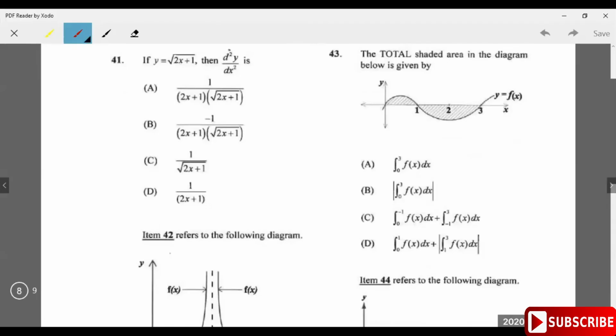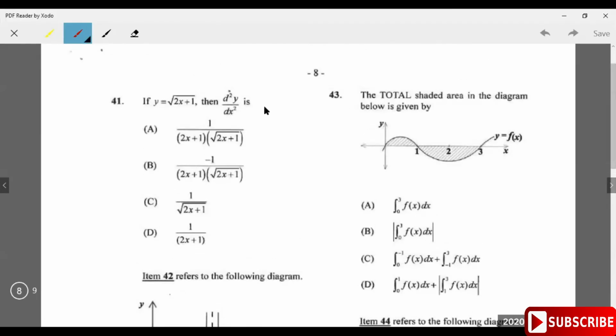Question 41 now. For question 41, we're going to use quotient rule. No, let's use product rule. So we have y is equal to 2x plus 1, the square root, which is really to the half power.